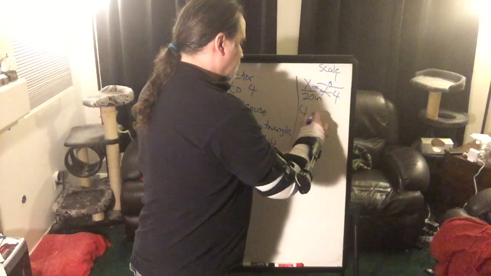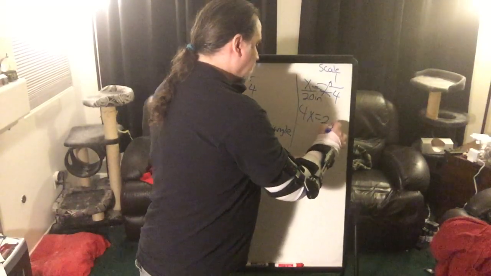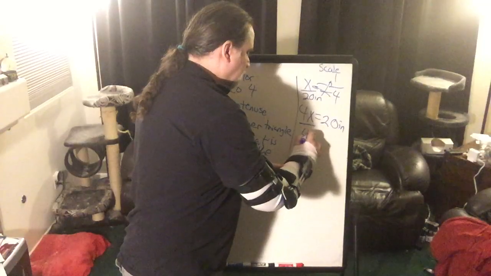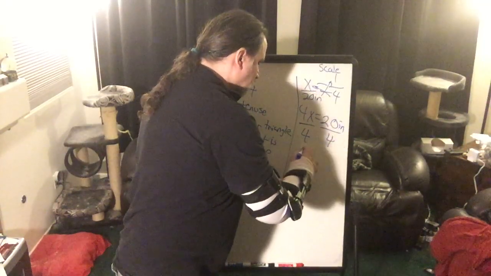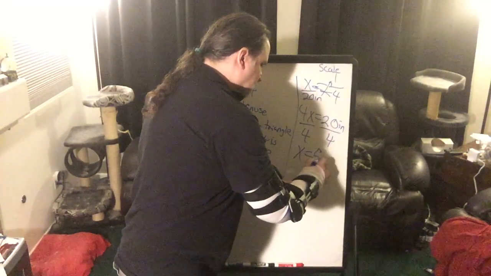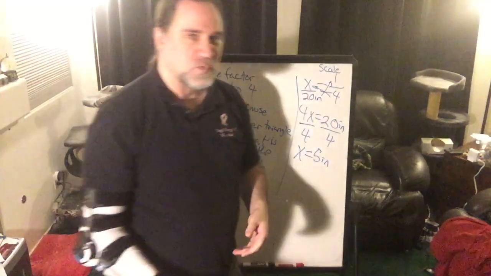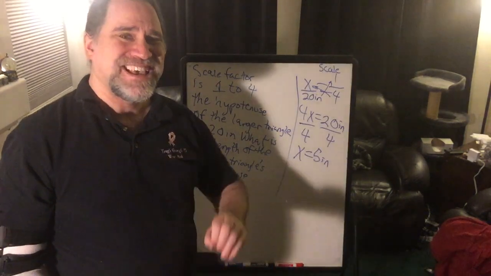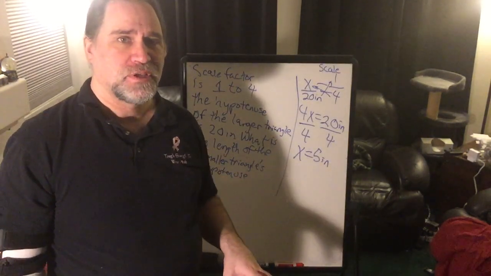So 4x equals 20. I'm going to keep the measurement, 20 inches, because then when I divide by 4, my answer is going to have the measurement as well. So I know that the smaller triangle's hypotenuse is 5 inches.